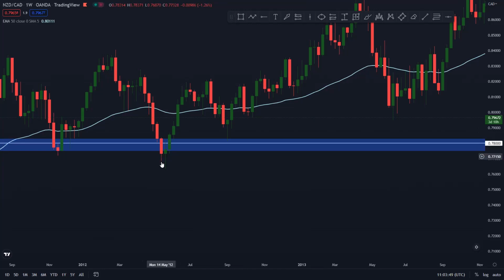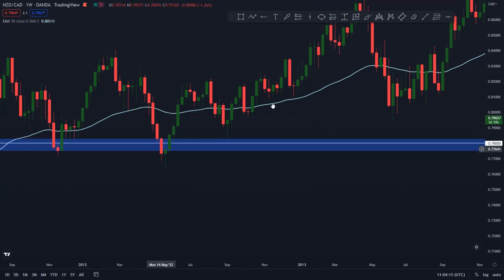A bearish candlestick breaking below the level, closed below the level, and then we had a pin bar, followed by a bullish engulfing. These three candlesticks clearly form what we call a morning star.